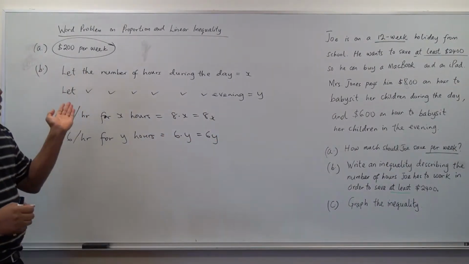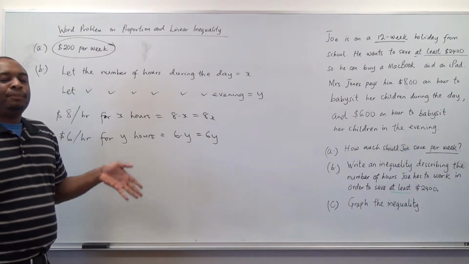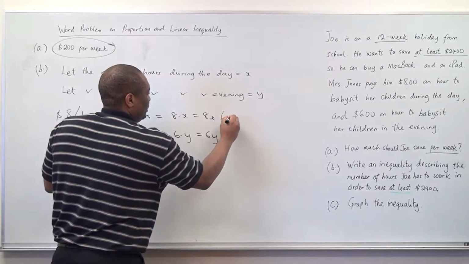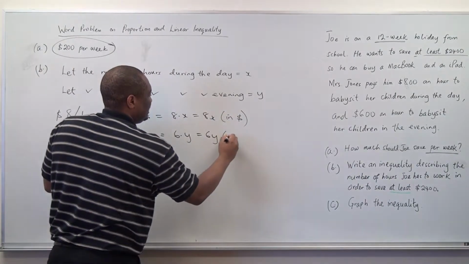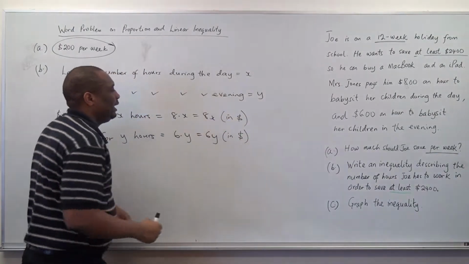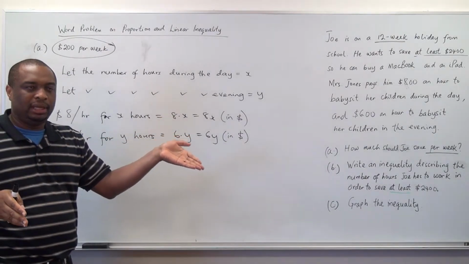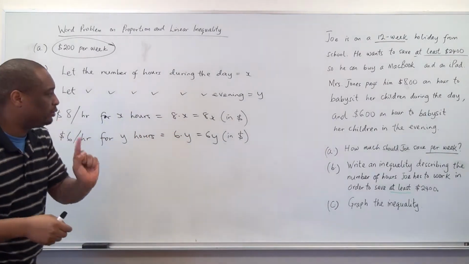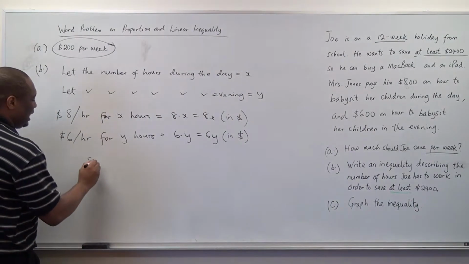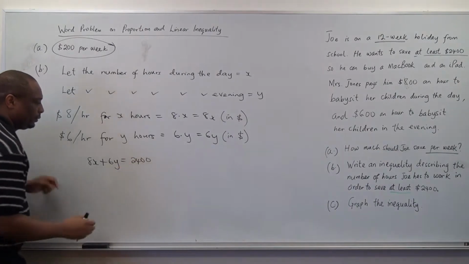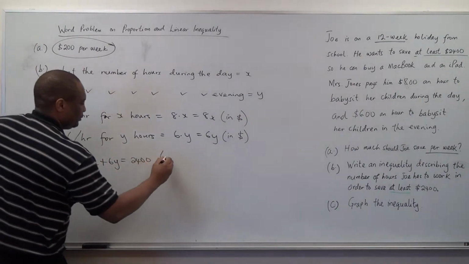So if he has to make $2,400, now this is in dollars, if it's going to be equal to $2,400, it will be 8x plus 6y equal to 2,400. But this is an equation.